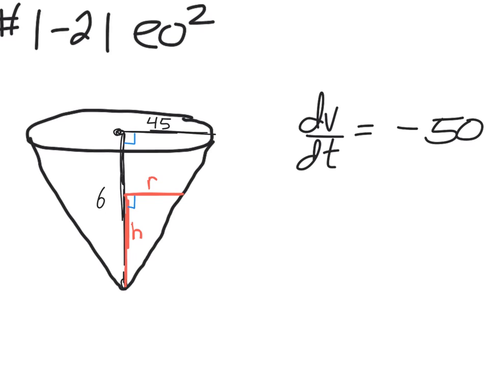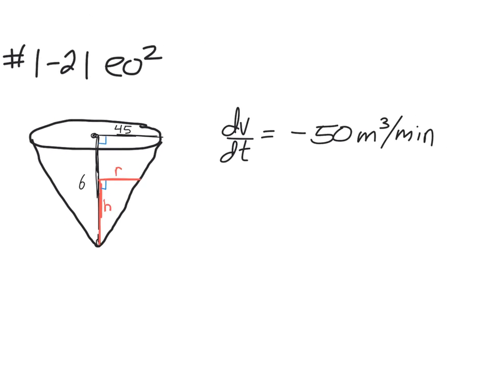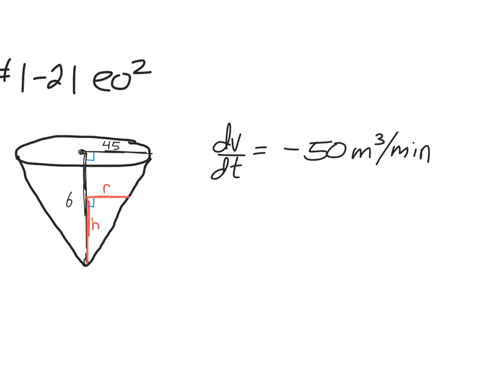So at any moment in time, the radius and the height will vary, but we'll take a snapshot after we get our related rates equation and plug all that information in. That's a good question, and a common recurring idea of when it is appropriate to plug in your known quantities. If you know that they're unchanging, plug them in right away. If you're not sure, leave it as a variable, plug it in later.